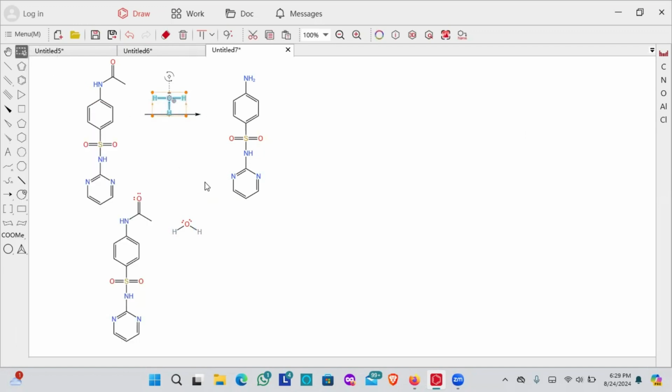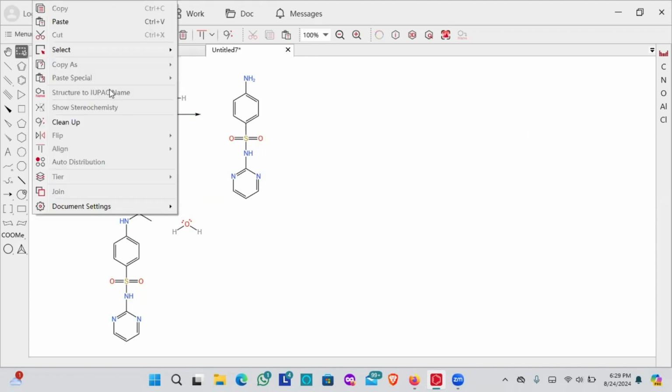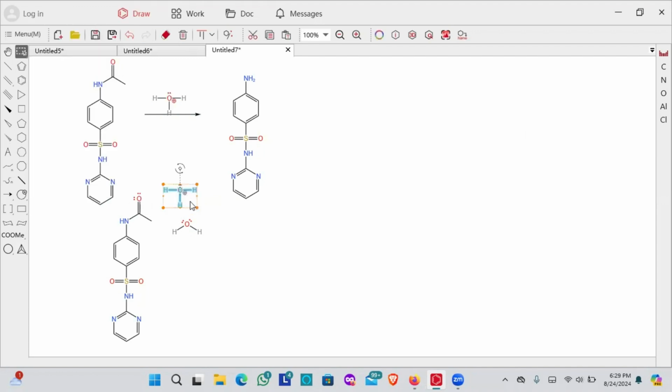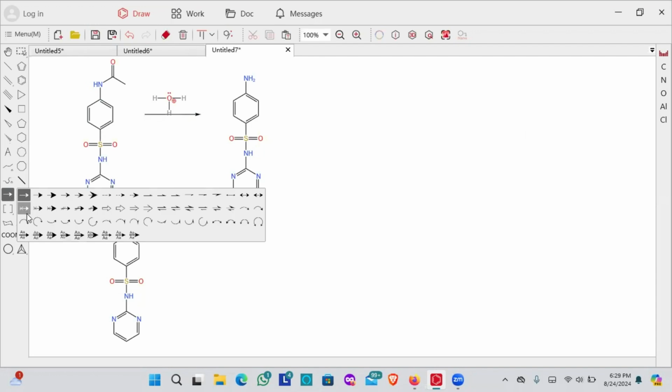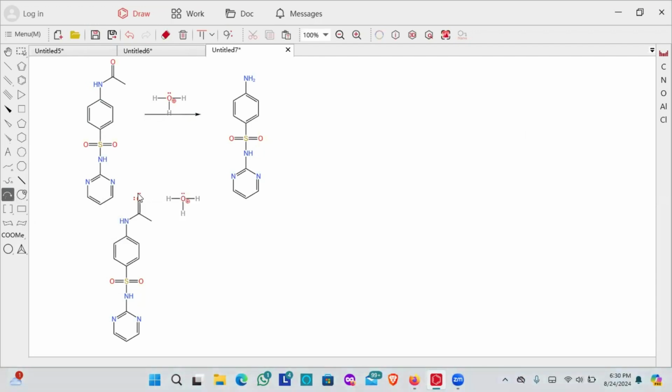Copy. Paste. Let's also remove this. Okay, the oxygen atom here is going to grab one of the hydrogen from basically the hydronium ion, turning this into a water molecule. Okay, let's show what we're going to end up with.